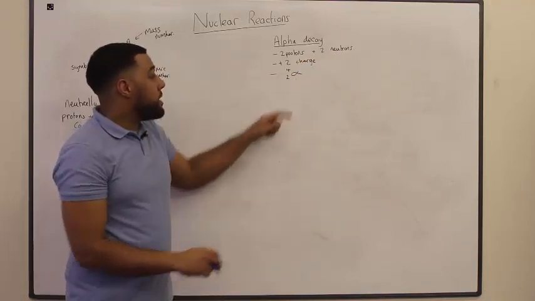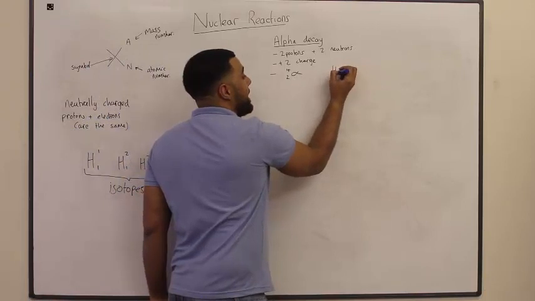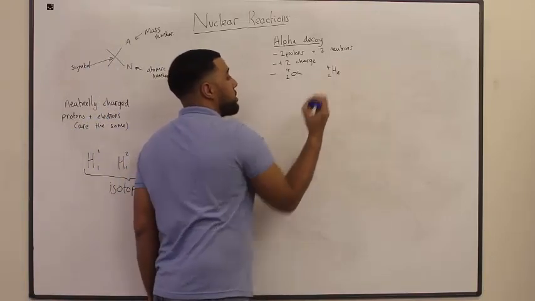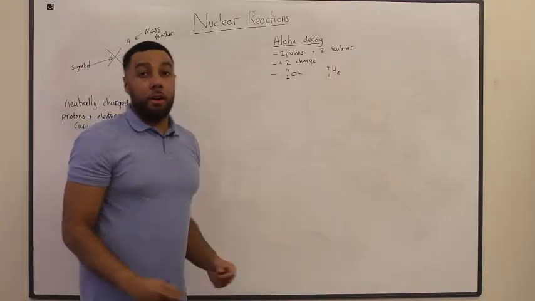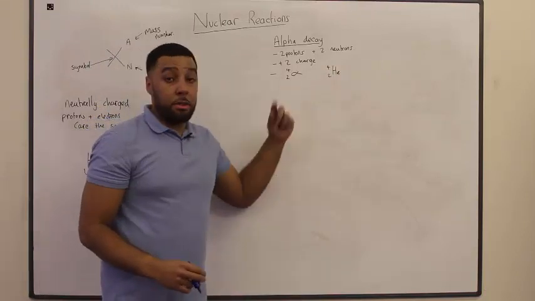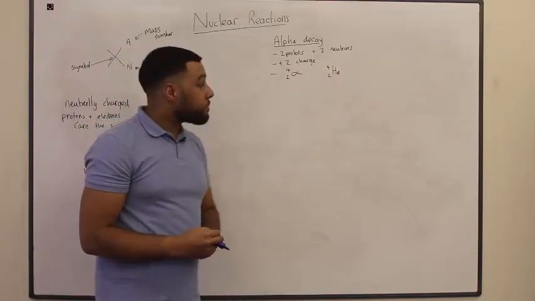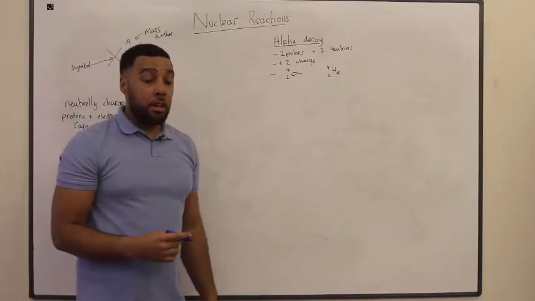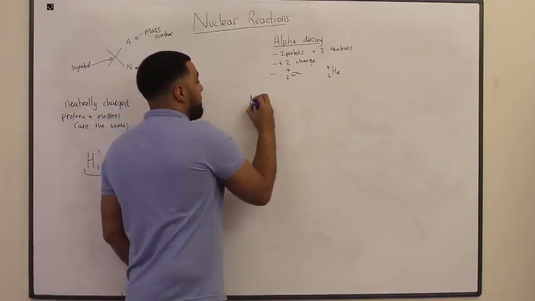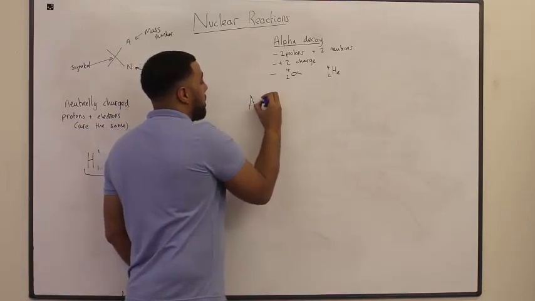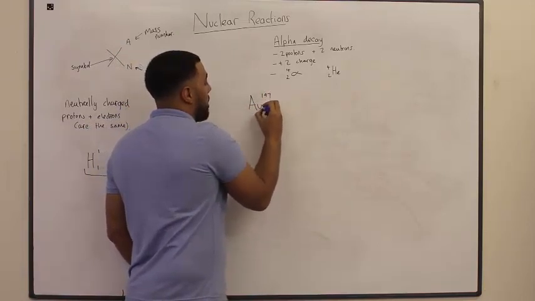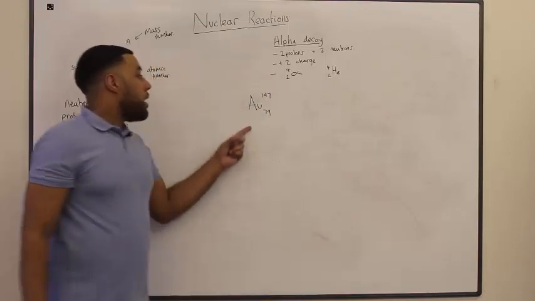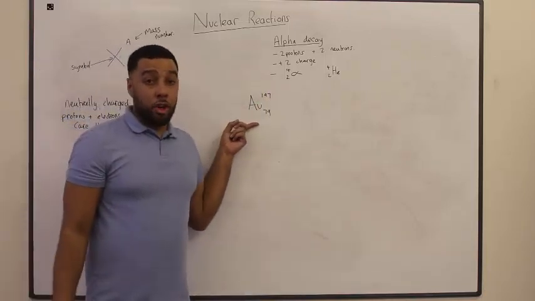For some examples, they may use the helium nucleus to represent alpha decay. Both are acceptable as answers. So let's have an example of what alpha decay looks like. Well, let's say I've got an atom of gold.